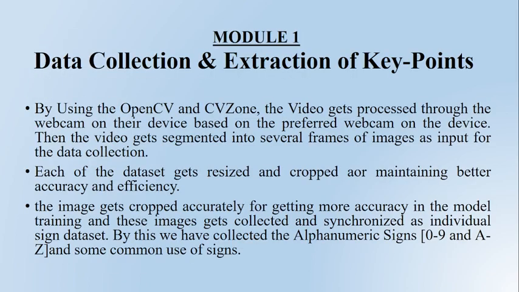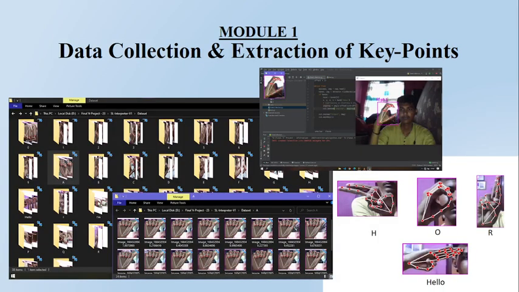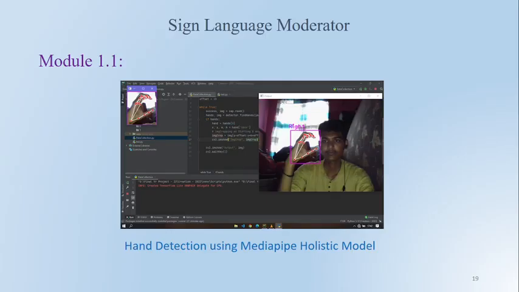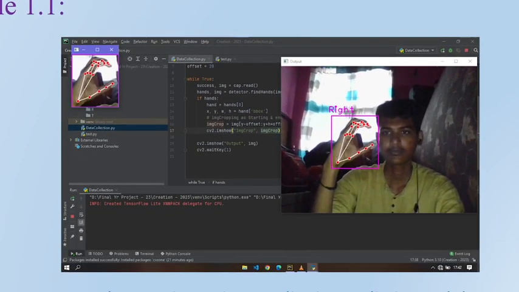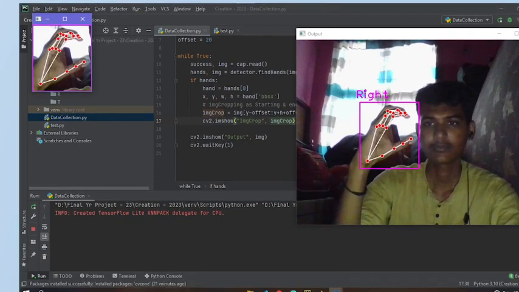So let's see that in detail. First we have data collection and extraction of points. You can see here, using the data collection code, we specify the key points for the right and left hands using MediaPipe to identify the key points.